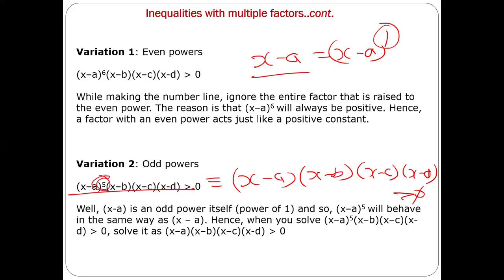So instead of power 5, you can just reduce it to power of 1, because 1 is odd, 5 is also odd. Again, how do you solve it? Using the wavy line approach by plotting a, b, c, and d on the number line as inflection points.